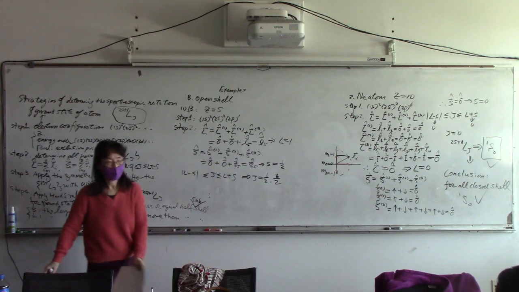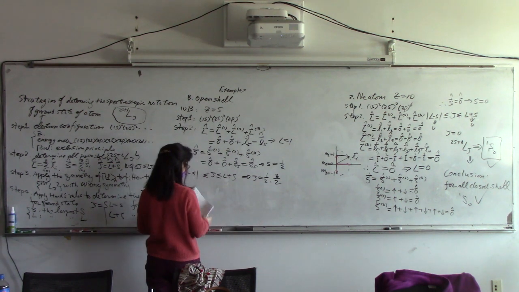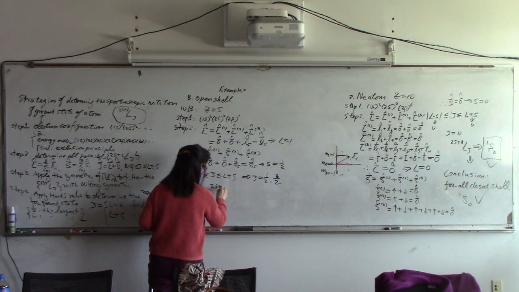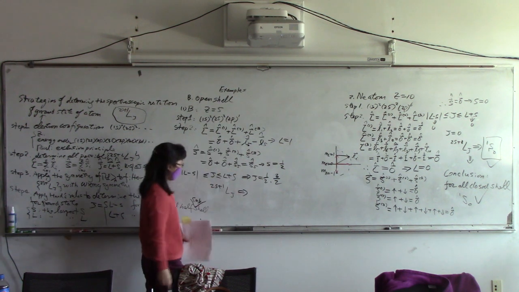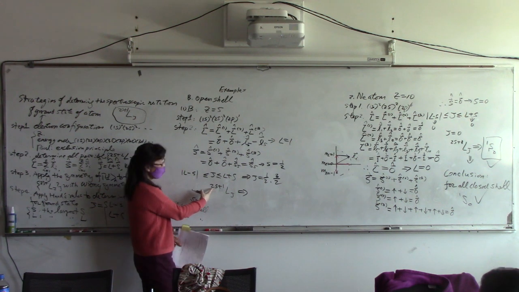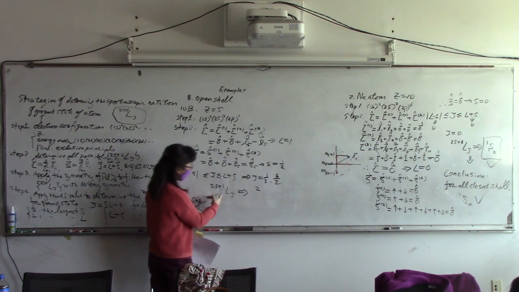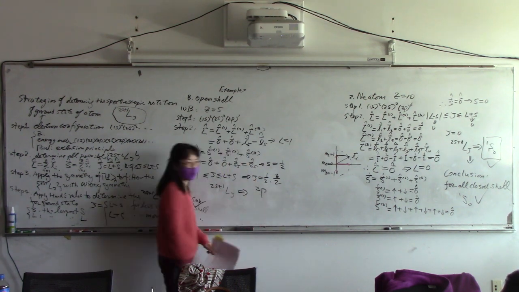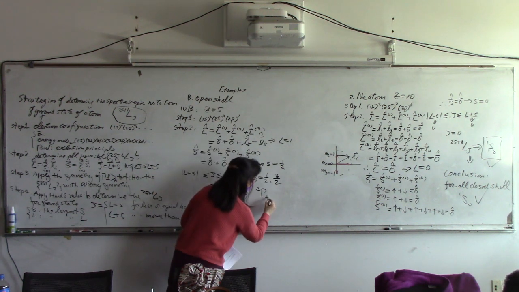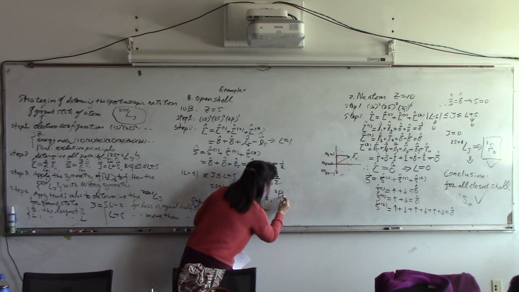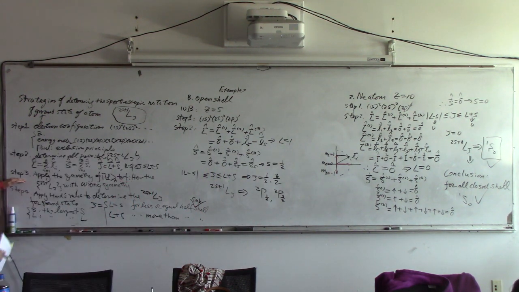So the spectroscopic notation is 2S plus 1, L. S is half, 2 multiplied by half is 1, 1 plus 1 is 2, right? So this is 2. L is 1, so that's P, and J here, we have 2 values. So we have 2 spectroscopic notations.